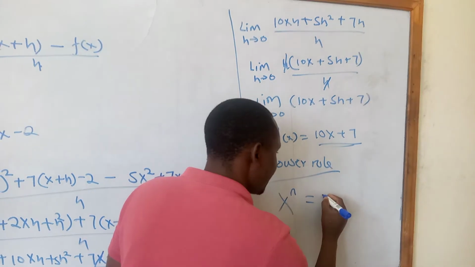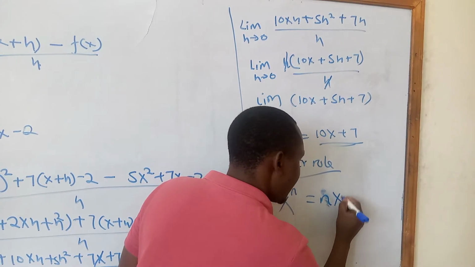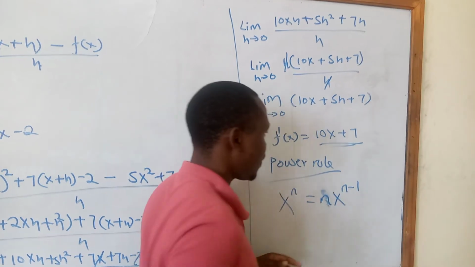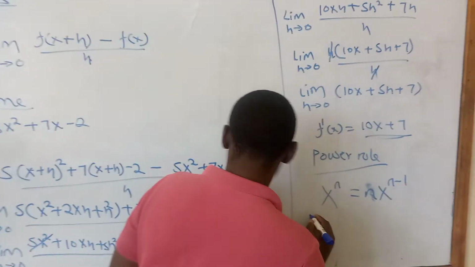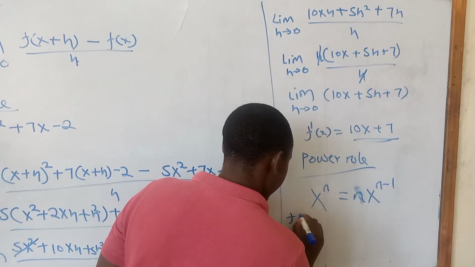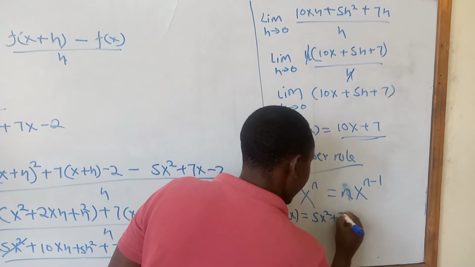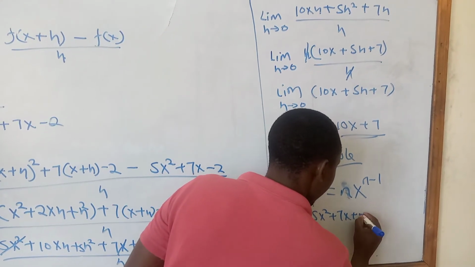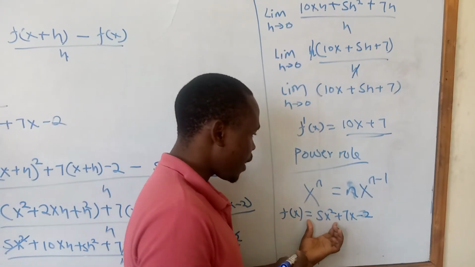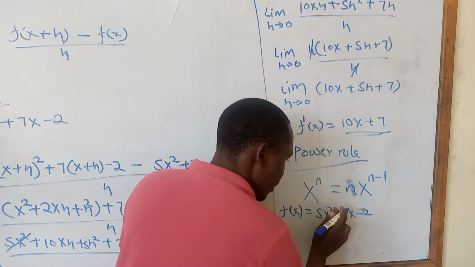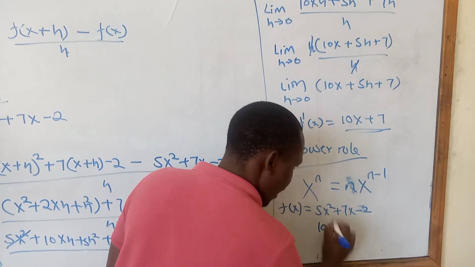What I mean is, it will be n x raised to n minus 1. Therefore, I can also apply that to my example. My example was f of x equal to 5x squared plus 7x plus 2. If I apply the power rule here, 2 multiplied by 5 is the same as 10x.